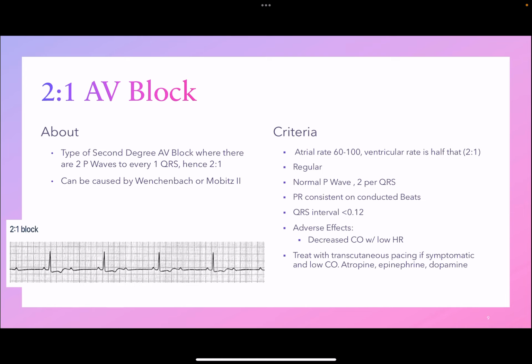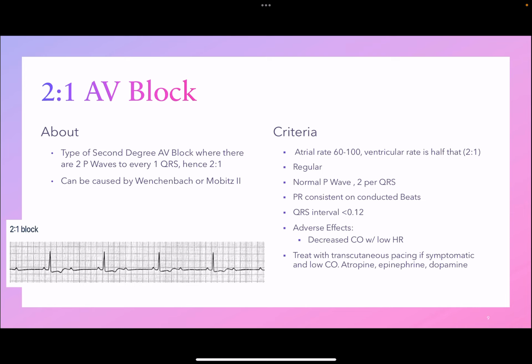So 2-1 can also very much resemble one of the other 2 types of AV blocks. But it's important to note that it's a pattern that we're looking for. We're looking for P, P, QRS, P, P, QRS. The atrial rate on this rhythm is going to be 60 to 100, and the ventricular rate should be half, hence the 2-to-1, so we want to see half.